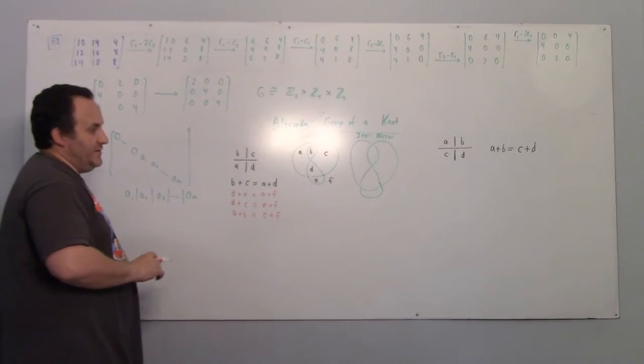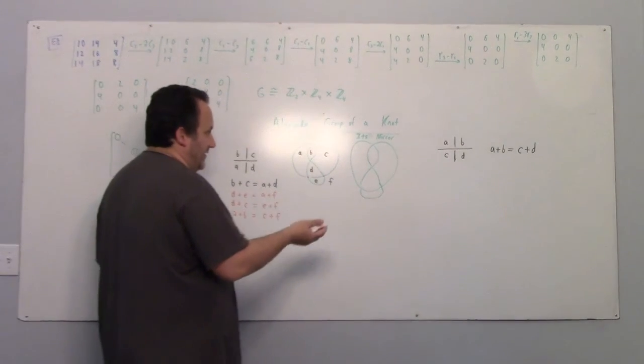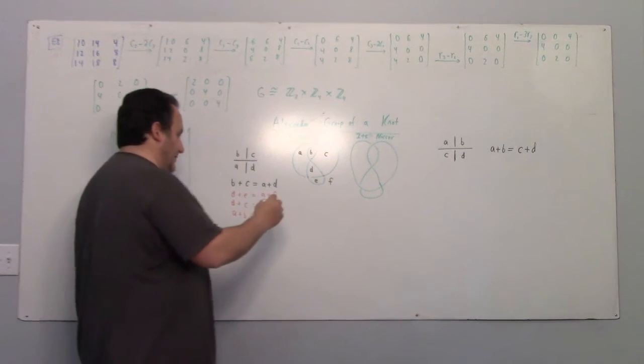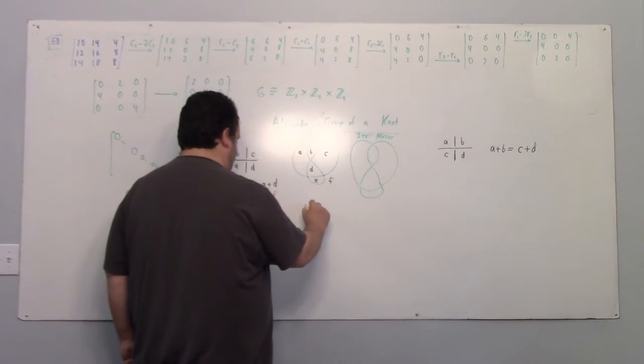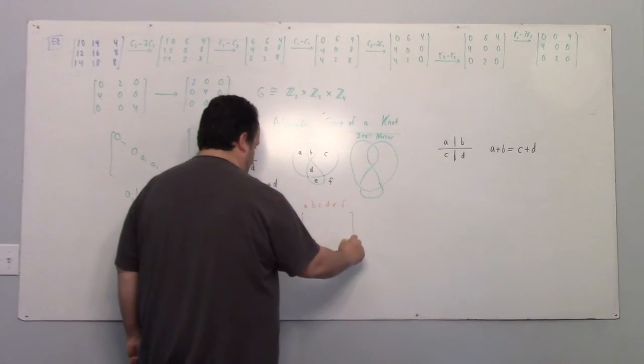How many regions are there? 6. So our relations matrix to describe the Alexander group, if we put A, B, C, D, E, F as the order, right?